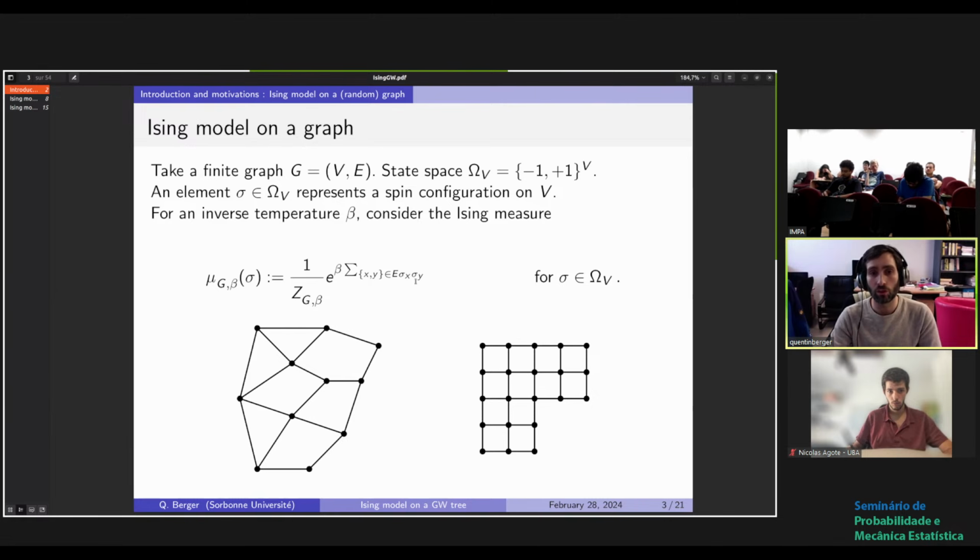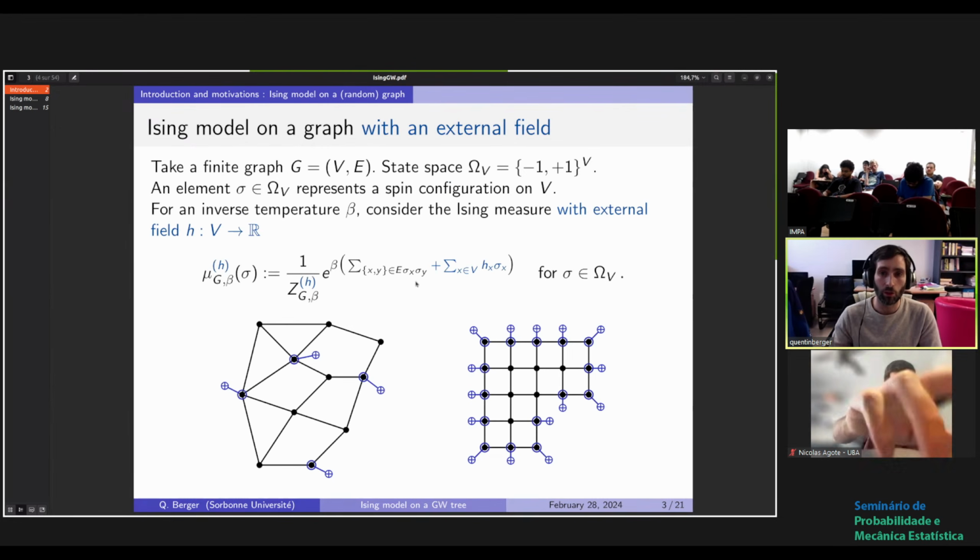What we can consider is also adding some external field, right? You put some function h on the vertices, from the vertices to the real numbers. Inside the Hamiltonian, you have h_x times sigma_x. So the spins want to align with the sign of h, and the larger h, the more you want to be aligned with h.